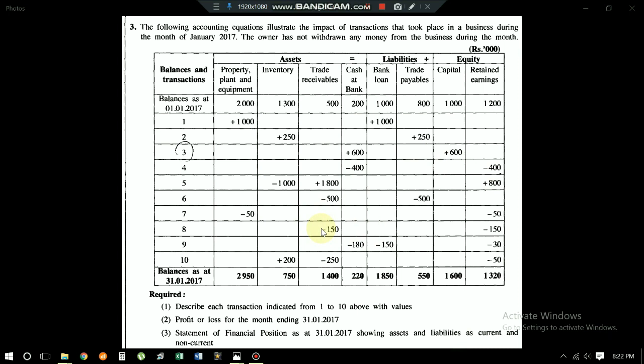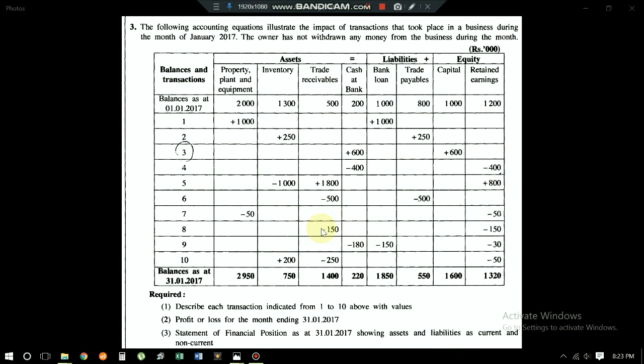As we know, our basic accounting equation is assets equal to capital plus liability, or else assets equal to liabilities plus equity or capital. Normally, this basic accounting equation is given under a categorized method.